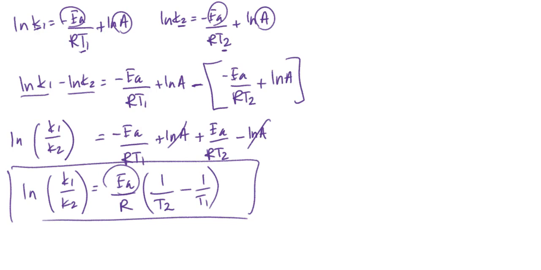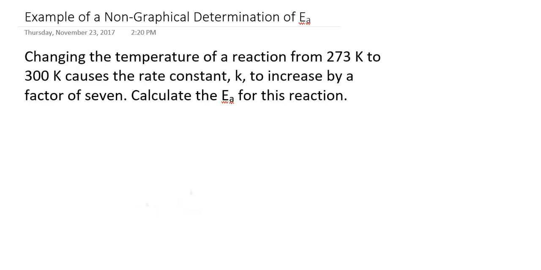So let's take an example of this. Suppose that I have a chemical reaction and I've measured the rate constant at 273 Kelvin and at 300 Kelvin. And I have found that from moving from 273 Kelvin to 300 Kelvin, the rate constant has increased by a factor of 7.